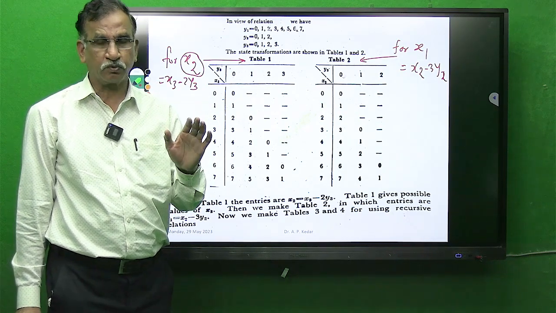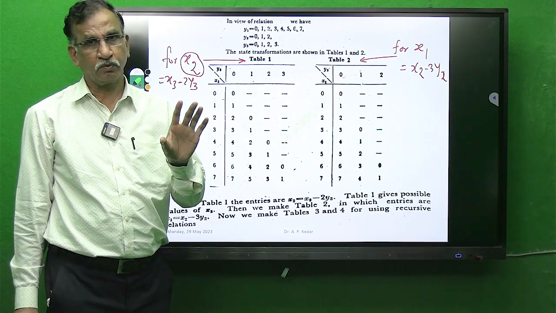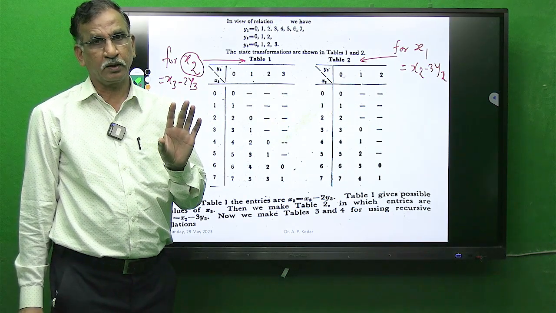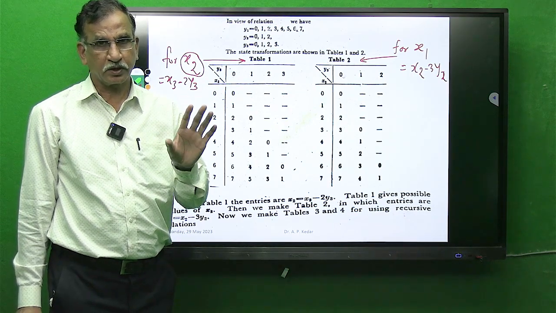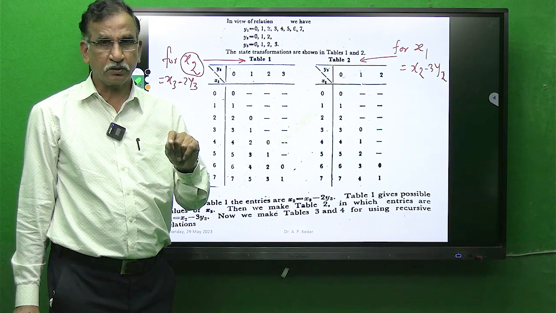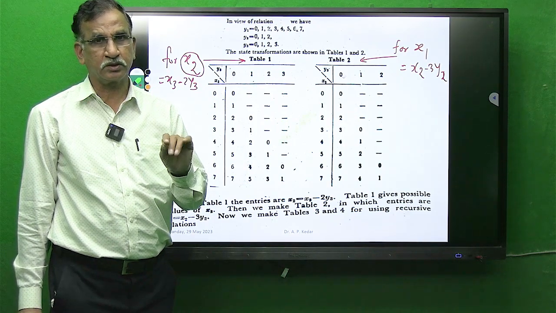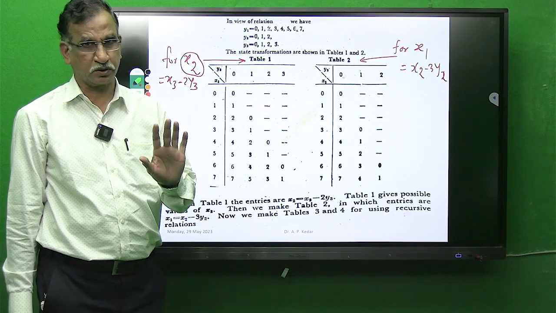And in the third case we will find f3 of x3, wherein we will combine the optimal solution which we got at the second stage, that is f2 of x2, and the current decision at the third stage, that is small f3 of y3.